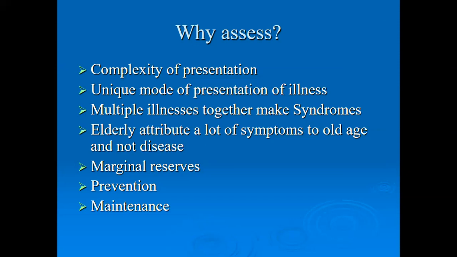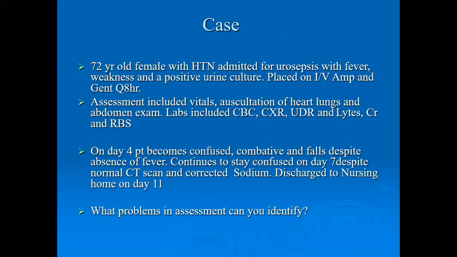He does not have any symptoms of cough, but he may have pneumonia, because this is complex. They have unique modes of presentation, multiple illnesses together, marginal reserves, prevention and maintenance. This is what we have discussed.